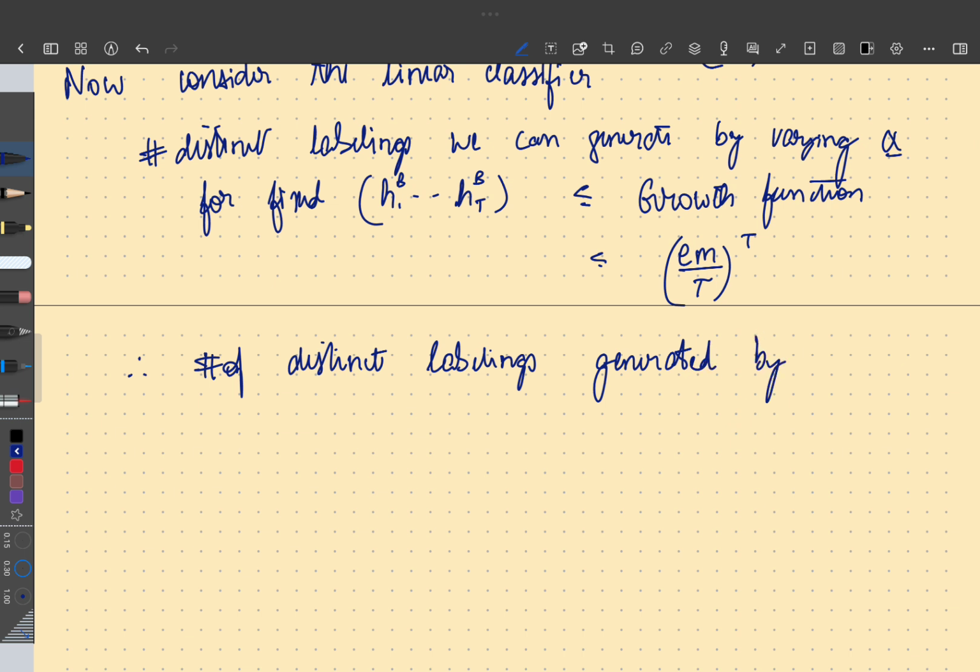So the number of distinct labelings generated by L of B comma T is upper bounded by the product of those two, which is em by d whole to the power d times em by t whole to the power of d times t.